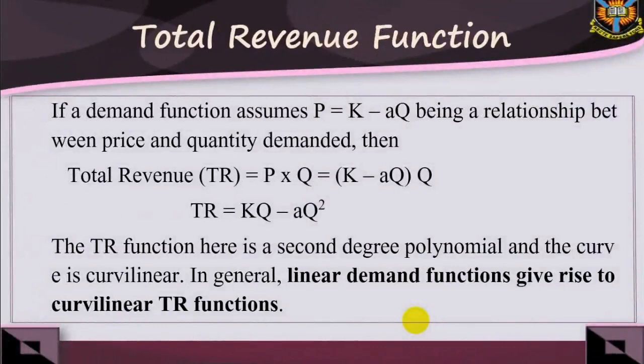The total revenue function. If a demand function assumes P equals K minus AQ, being a relationship between the price and quantity demanded, then total revenue equals P times Q, which equals K minus AQ in bracket times Q. Therefore, total revenue equals KQ minus AQ squared.